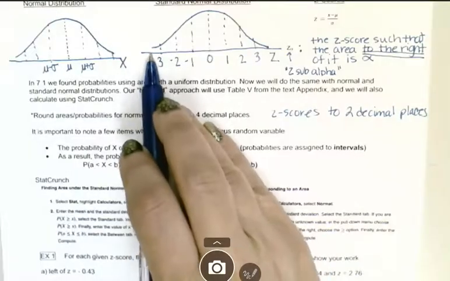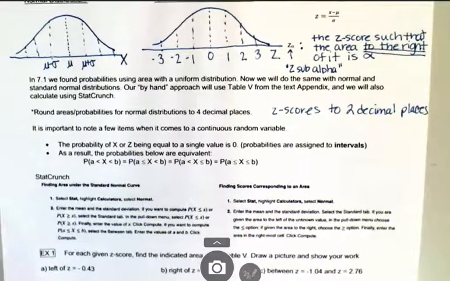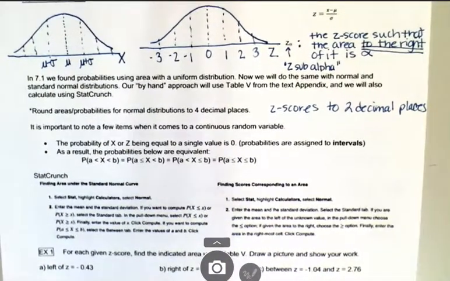We have all these values under the curve. Any individual single value has a probability of 0 because, like we looked at with the uniform distribution, the probabilities are assigned to intervals. So in a uniform distribution, the probability of falling between 1 and 3 had to be the same as the probability of falling between 5 and 6, as long as those were both in the domain.